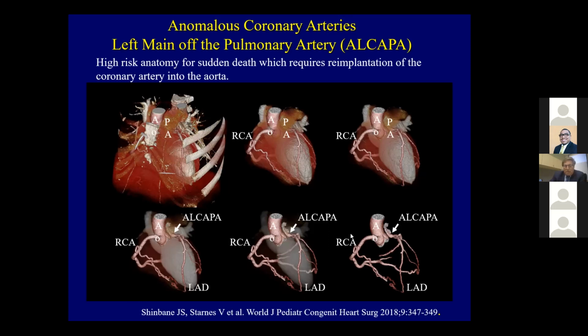So not only have we made a diagnosis, we have evidence as to why this patient has adaptive mechanisms that delayed symptoms to adulthood, but we know the exact three-dimensional position of where this artery plugs into the PA, so that what the surgeons need to do is take it off the pulmonary artery and reimplant it into the aorta.